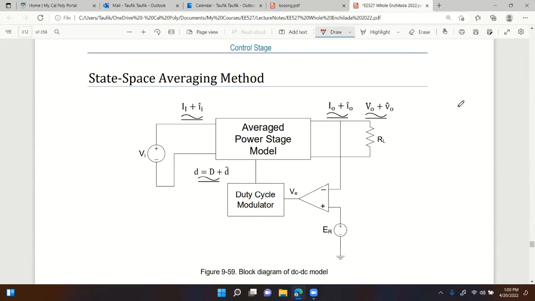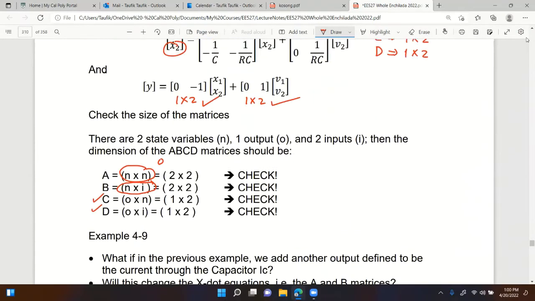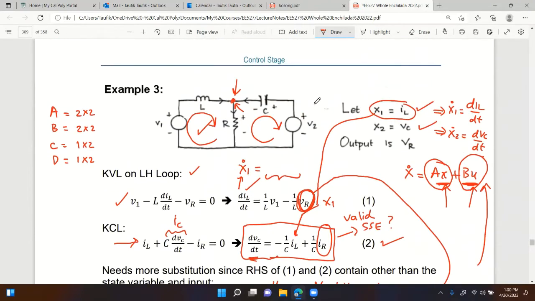So if the circuit changes its state, how do you derive the state space equations? Because in the examples that we had earlier, there was only one state of the circuit. There's no switch. The circuit is just going to be like this in steady state or in transient. There's no change in the state of the circuit.